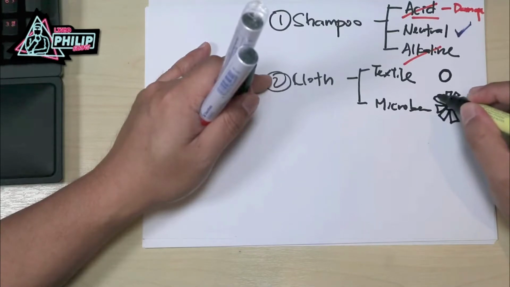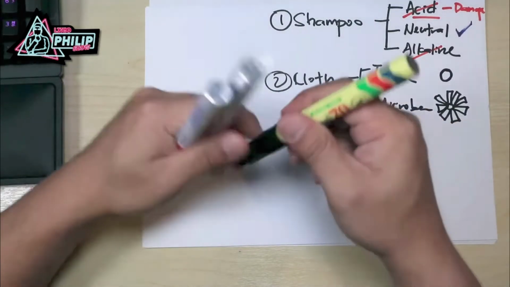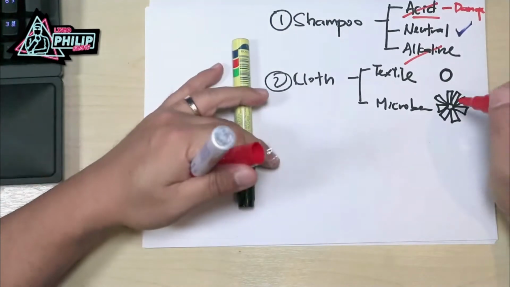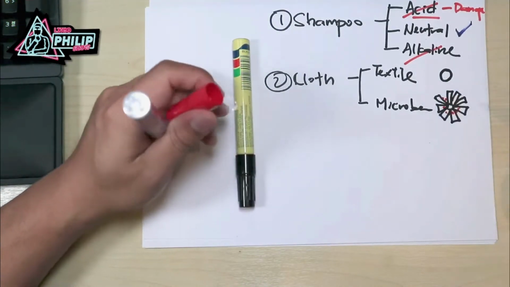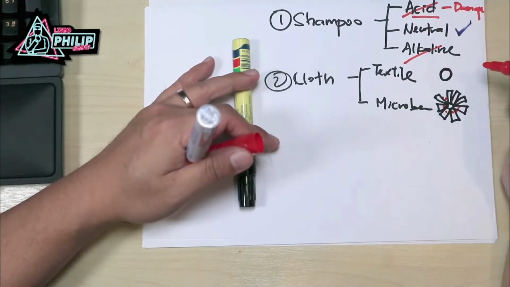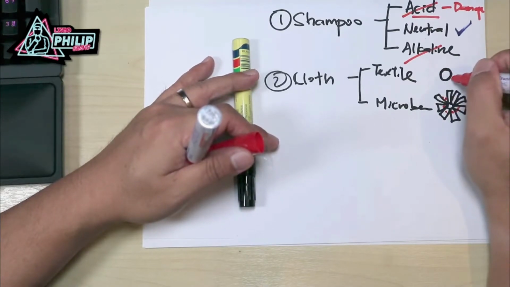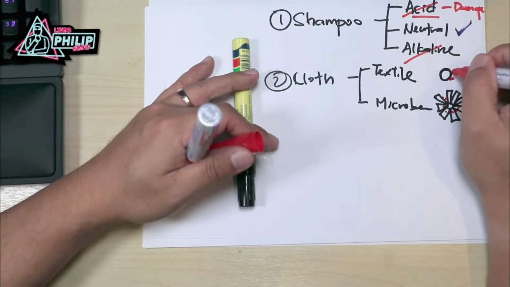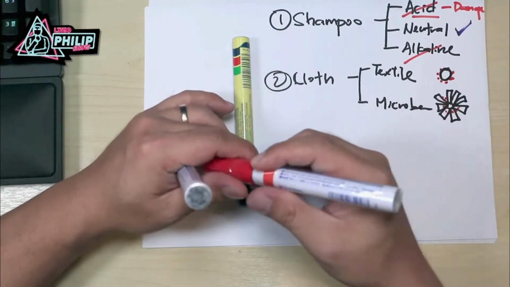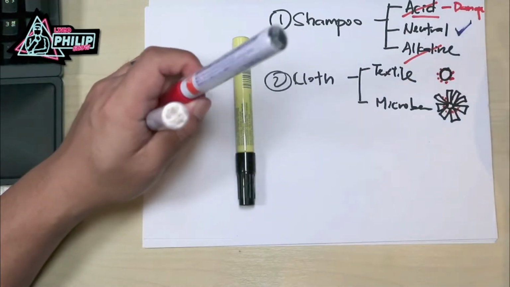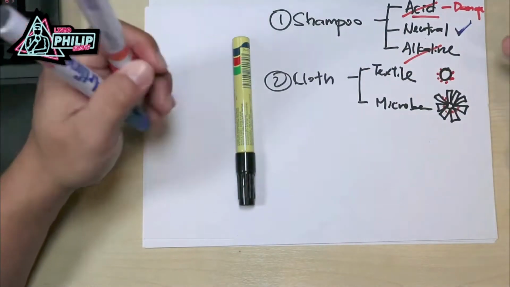So what does this pattern do? When we wash our cars, a lot of stones will hide inside the pattern, so it won't scratch. For example, if you use a normal cloth, it will scratch the car, because all the dirt will be on the surface of the texture. So when you wash the car, it drags and circulates and causes a lot of swirl marks and all these things.